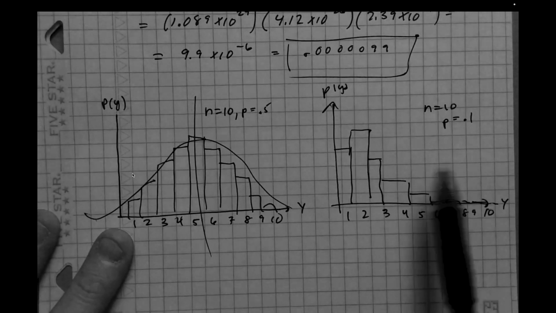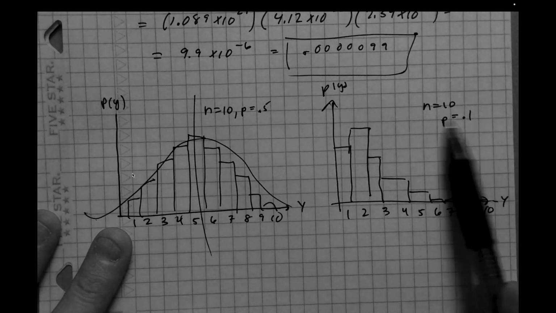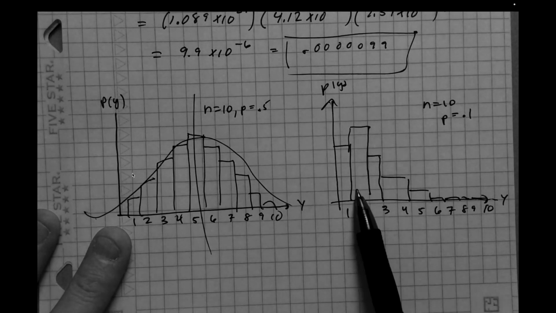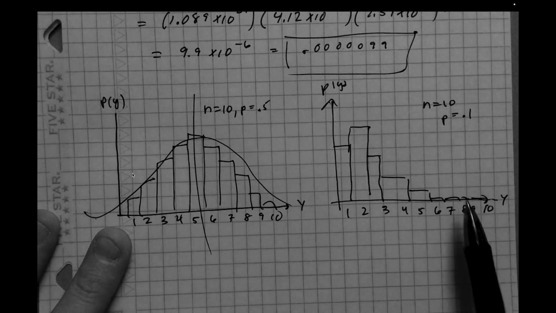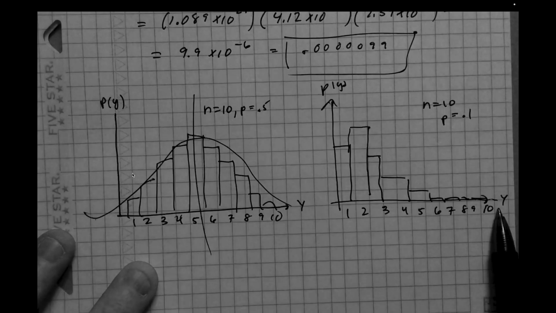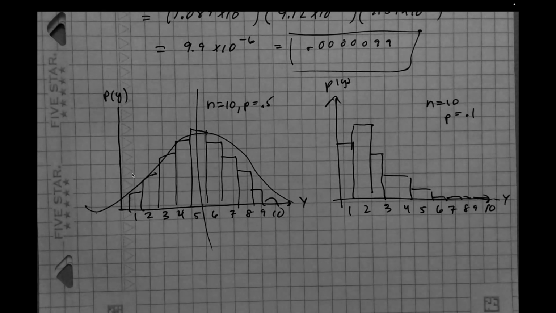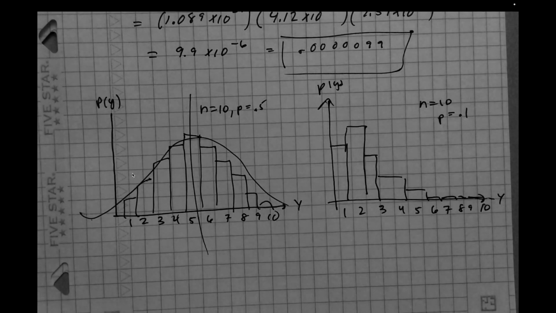The number of successes in 10 trials is going to be more likely to be 1, 2, or 3. It's going to drop off really quickly, and it's going to be highly unlikely that you'll have 10 successes in 10 trials. That makes sense because the probability of success is 1 in 10, a very small probability of success.